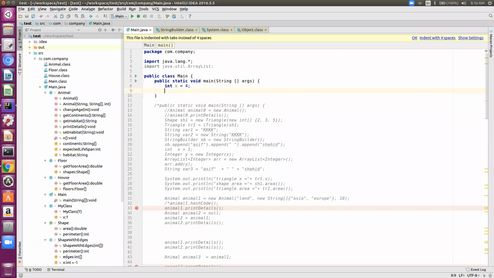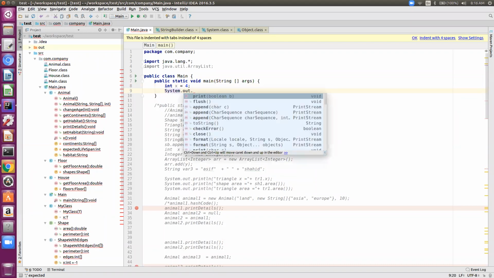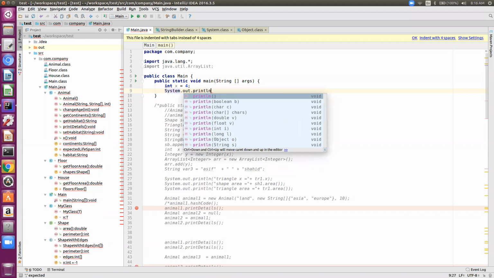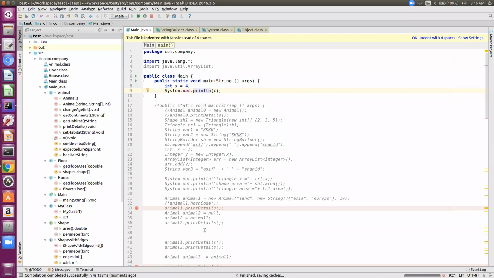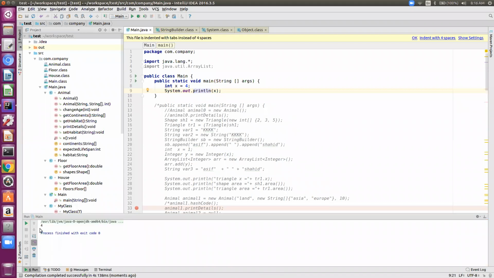That means variable x now has the value 4. If you want to print something, you use System.out to write it on the console, by System.out.println, in which you put the variable to print, say x. When you run this program, it will print 4.